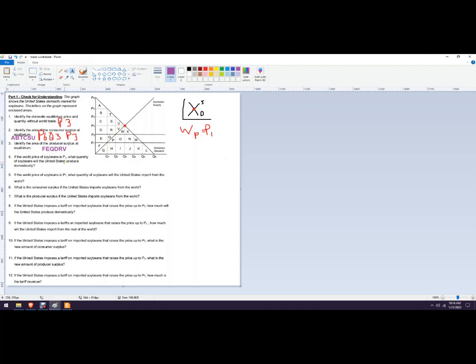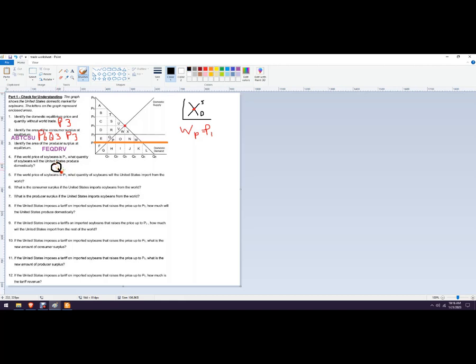World price of soybeans is P1. What quantity of soybeans will the U.S. produce domestically? Draw a line from the world price over here. When the price is this, we follow that to domestic supply. That's going to be Q1, the quantity that is produced.